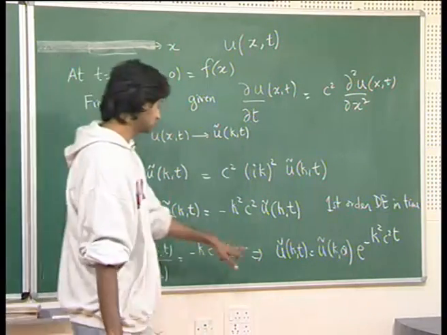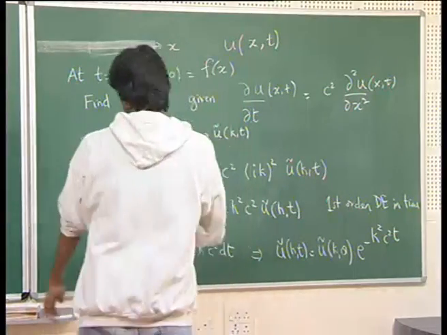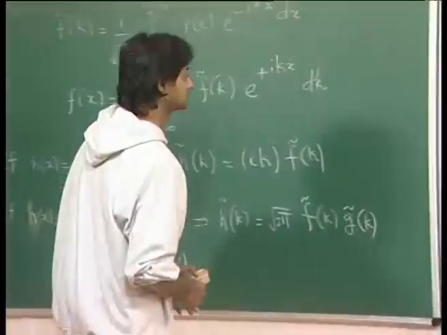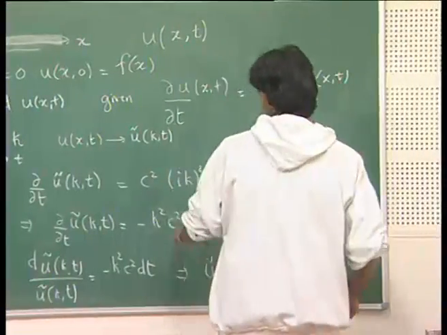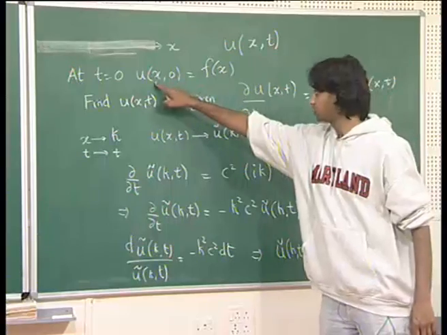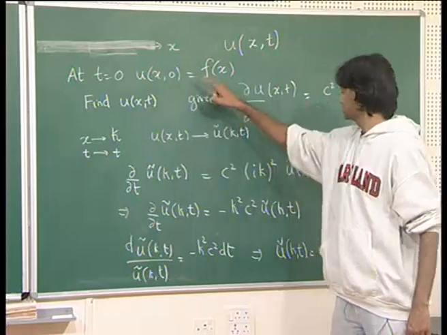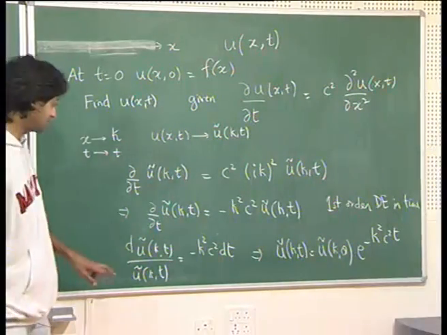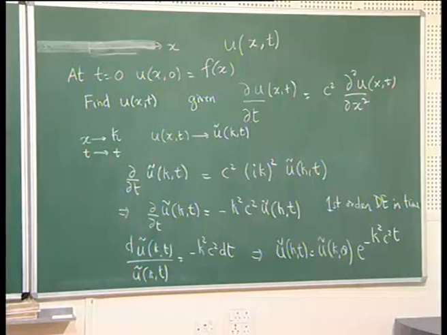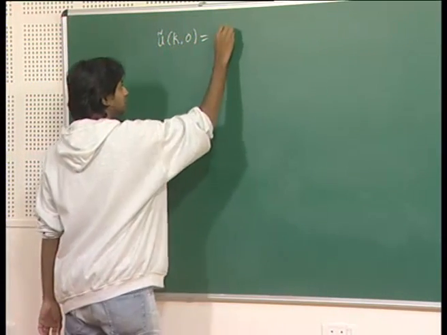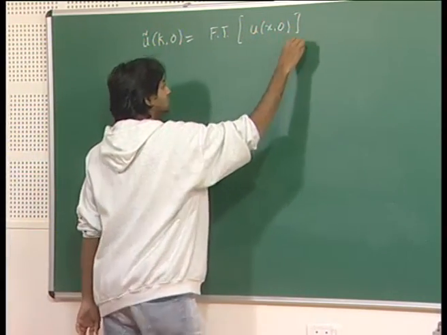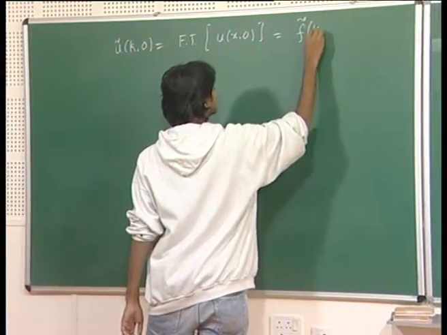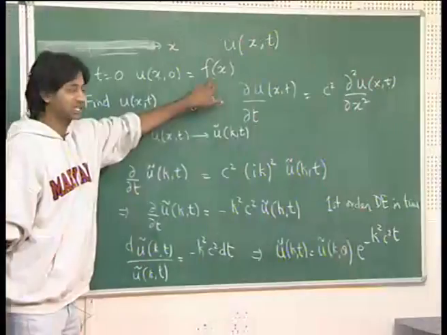Okay. So, this is good, you got u tilde of k, t in terms of u tilde of k, 0. Now, what is u tilde of k, 0? It is nothing but the Fourier transform of u of x, 0. So, u tilde of k, 0 equals the Fourier transform of u of x, 0, which is equal to f tilde of k, the Fourier transform of f of x.